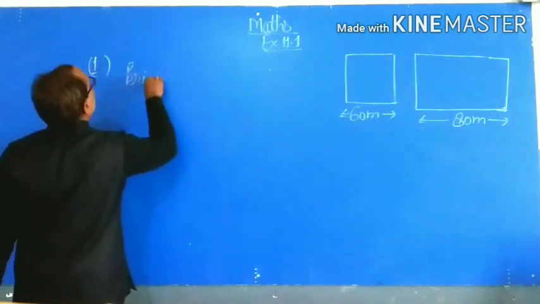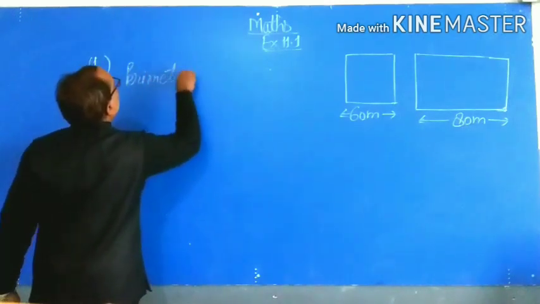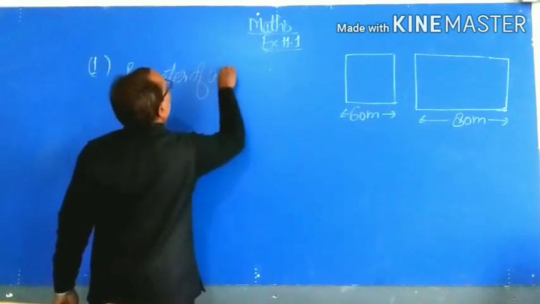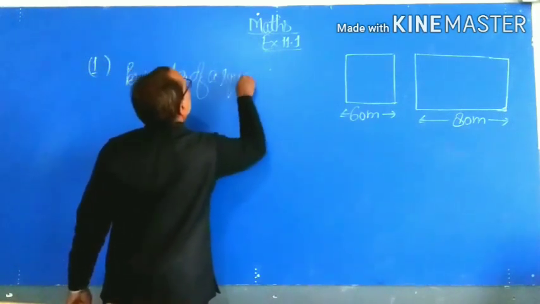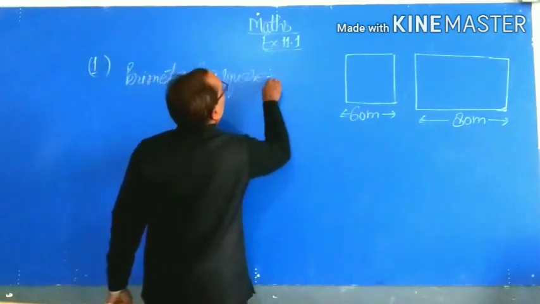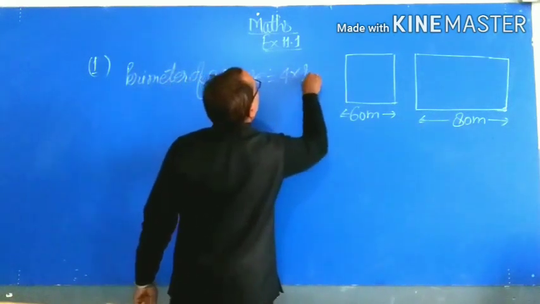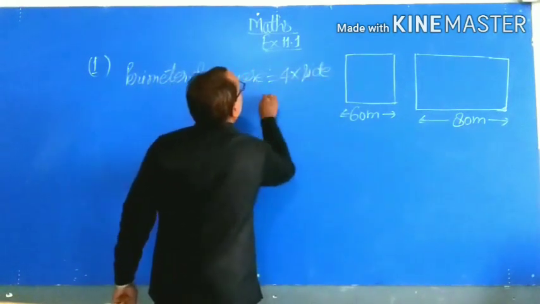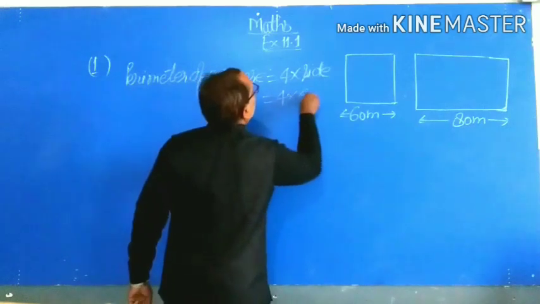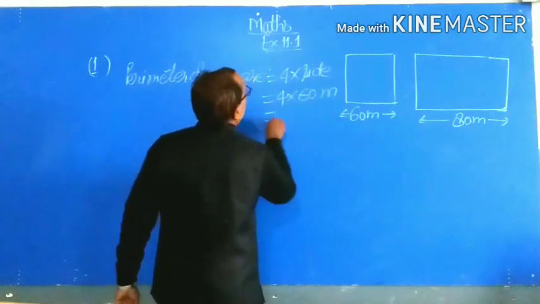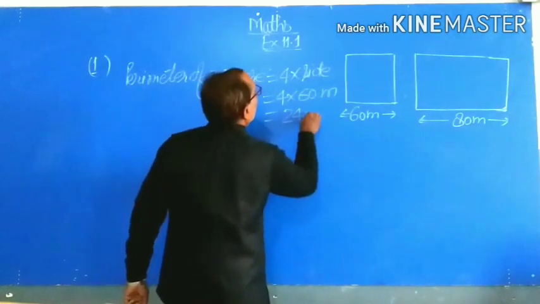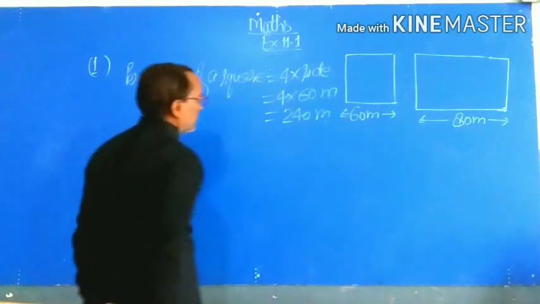the perimeter of a square, that is equal to 4 into side, that is 4 into 60 meter, that is 240 meter.